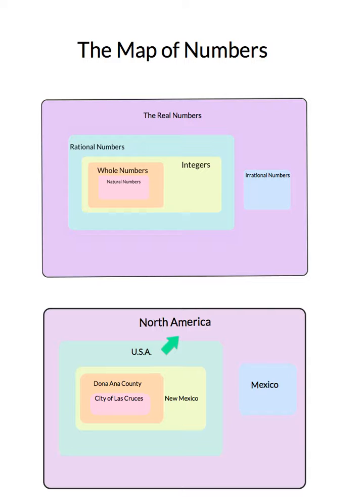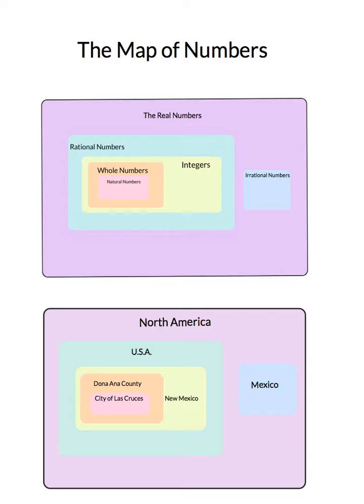And all of that is in North America, along with Mexico. If you think about the laws of the United States of America, they apply to New Mexico, to Doña Ana County, and to the city of Las Cruces, whereas they don't necessarily apply to Mexico. So we can kind of think about it as being a little bit of a separate entity.